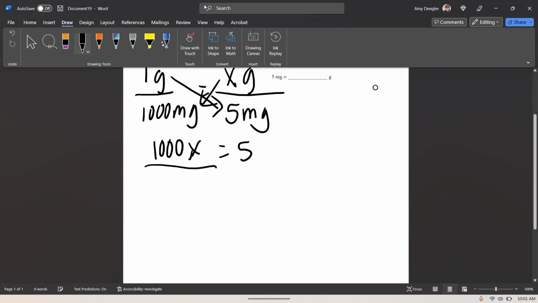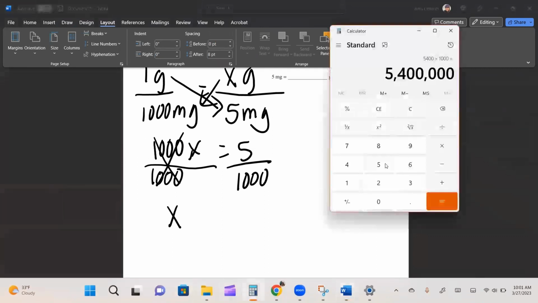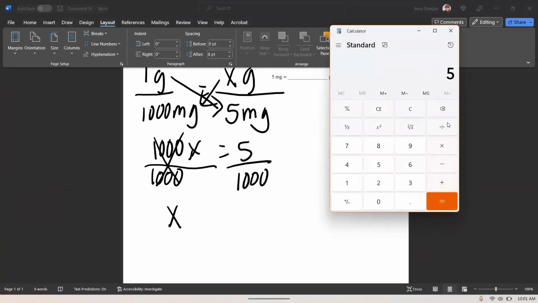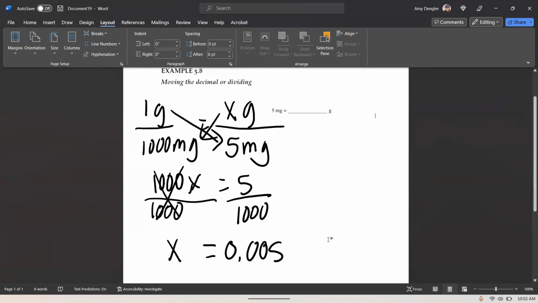And then we'll divide the side by 1,000 to get rid of that. We also have to do it to this side. So 5 divided by 1,000 is going to be 0.005. Remember, we always have to have that leading zero before the decimal.